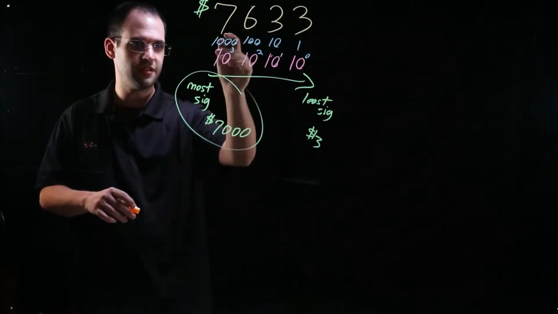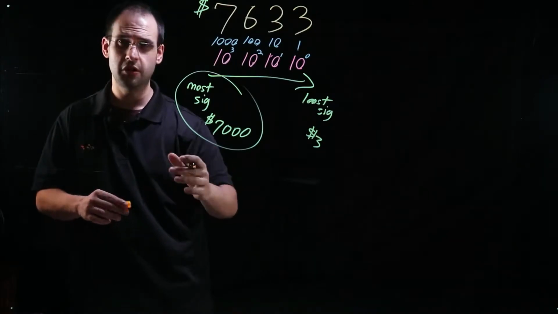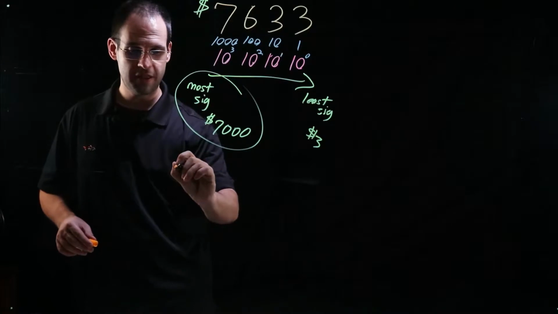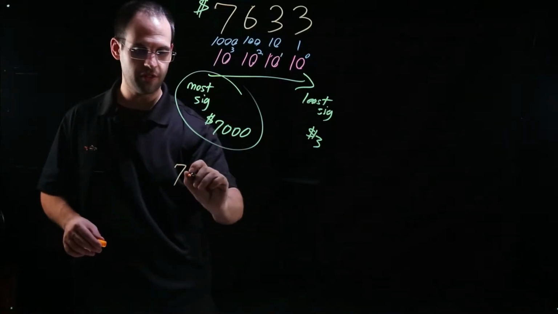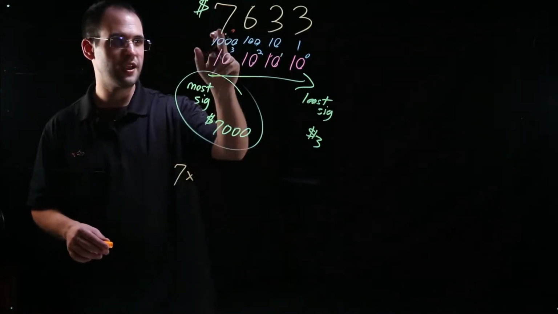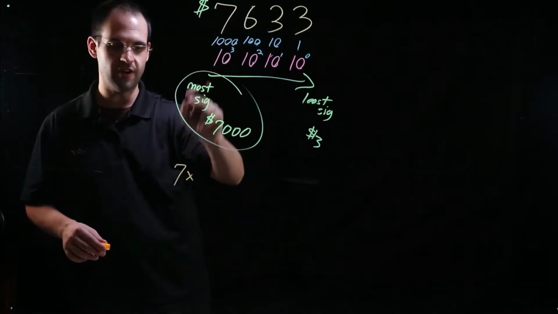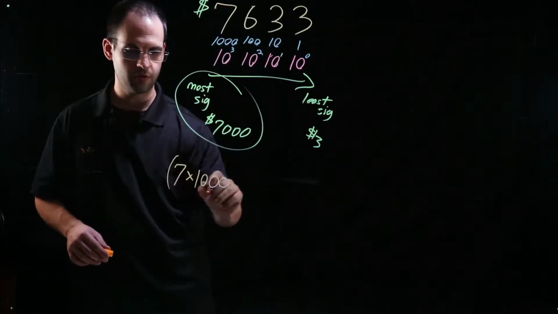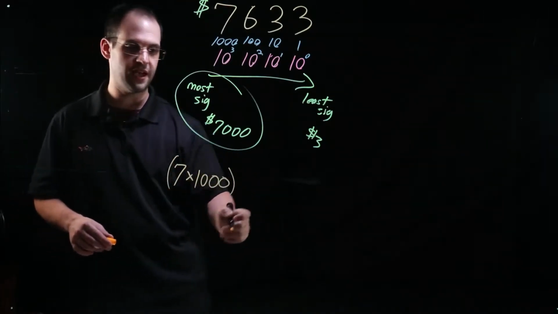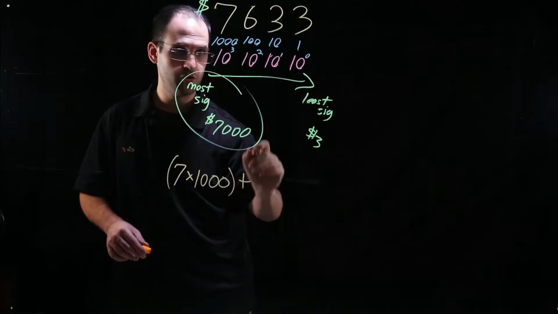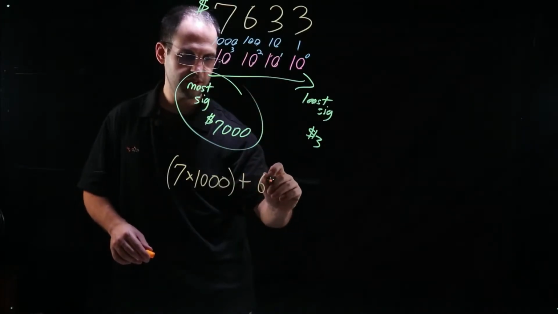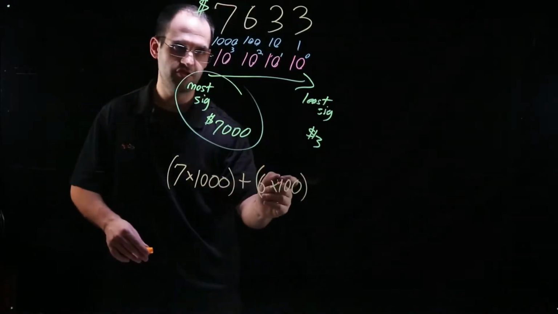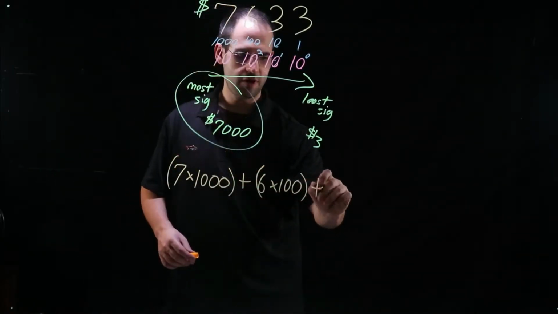If we have a 7 in the thousands position, we multiply that position value times this digit, so 7 times 1,000, and we put this in parentheses. We get 7,000. Then we add that to 6 times the next position value, which is 100, so 7,600.